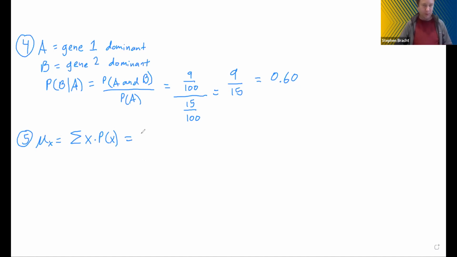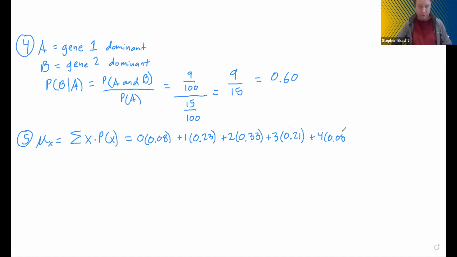And it looks like this: 0 times 0.08 plus 1 times 0.23 plus 2 times 0.33 plus 3 times 0.21 plus 4 times 0.08 plus 5 times 0.07.